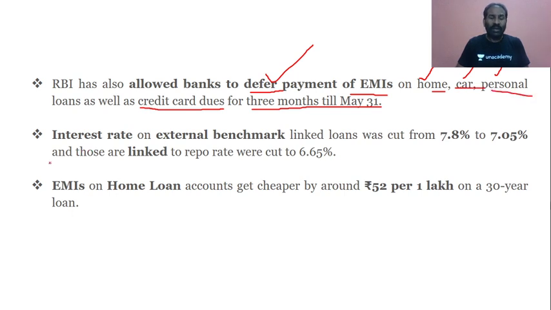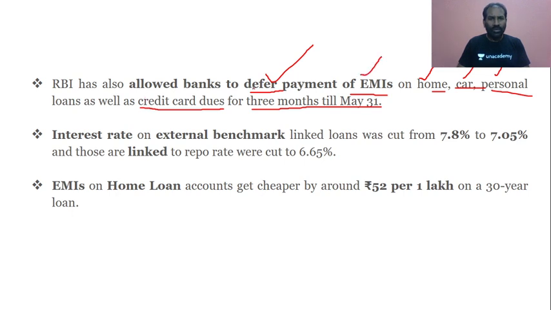So the RBI has taken a very good initiative, making sure it will not be a burden on the employed people and also the businessmen, I mean small manufacturing units who have to repay loans to the banks for their business.